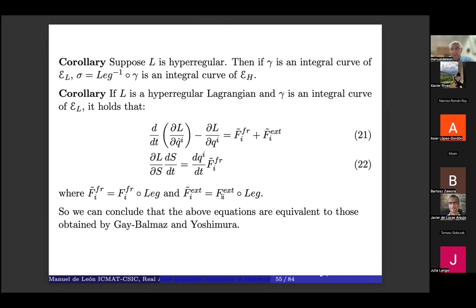And if we look at the equation, we just obtain exactly the same equation that Gay-Balmaz and Yoshimura have obtained in their papers. And so this is a way to obtain the thermodynamic equations using geometry.